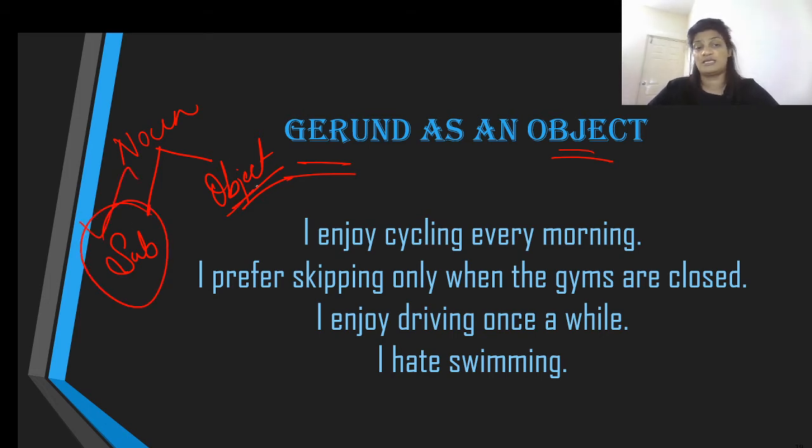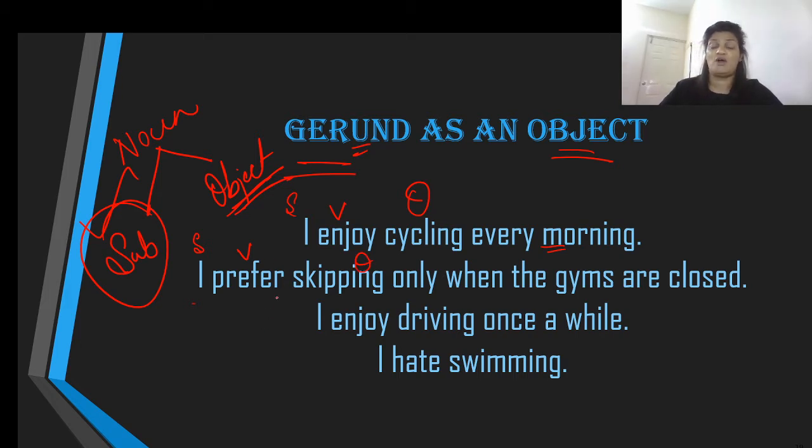Here we have to establish the object now. Gerund as an object. I, your subject, enjoy, verb. What do you enjoy? Cycling. Therefore, this is your object. I enjoy cycling every morning. Now, I prefer skipping only when the gyms are closed. That is I, subject, verb, object.